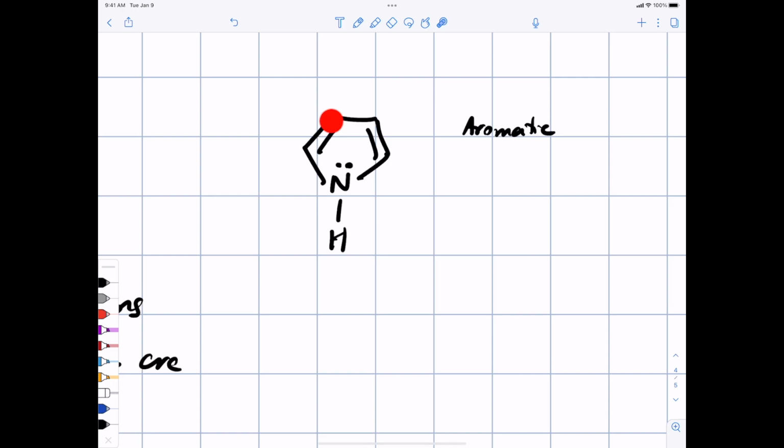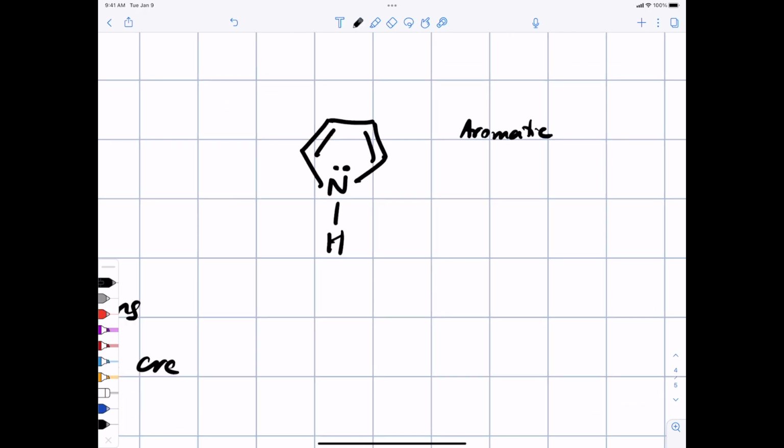Well, each of these atoms is sp2 hybridized. How can you tell this nitrogen is conjugated to the others? You've got a lone pair adjacent to a pi bond. Also, another clue is you can draw resonance structures which would put the lone pair on one of the other atoms.